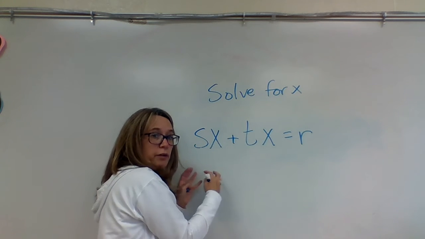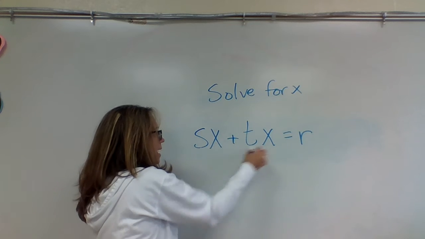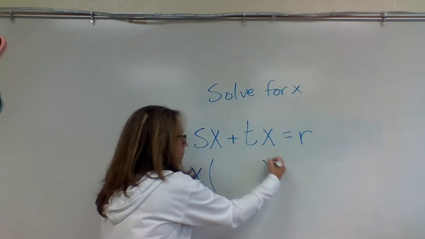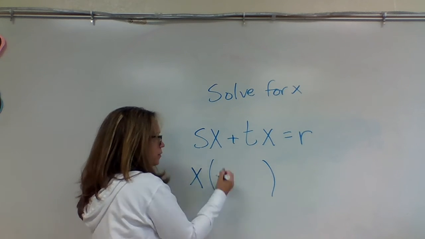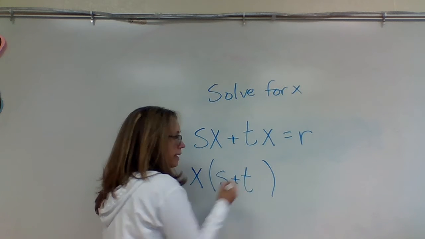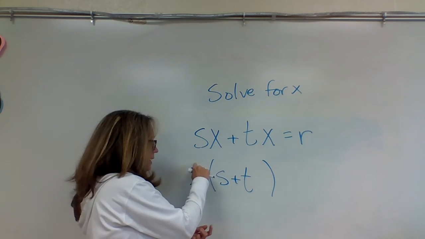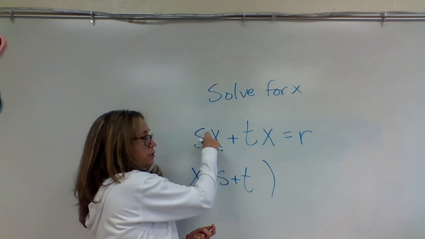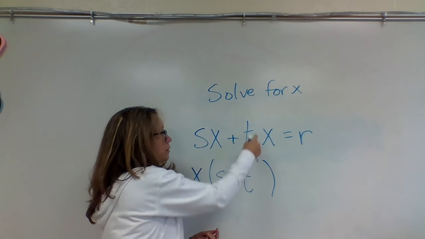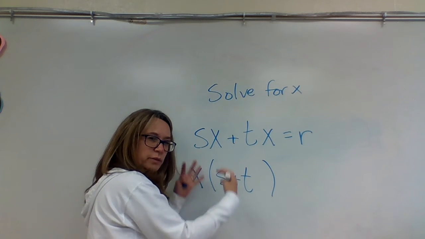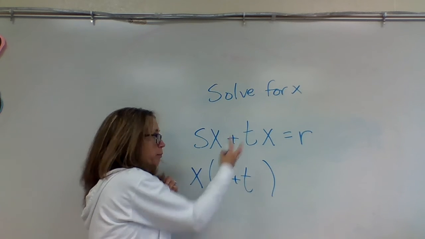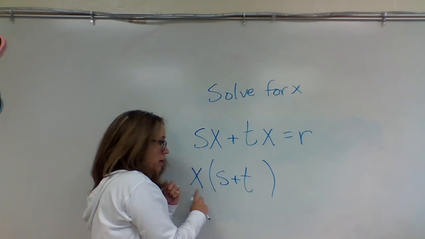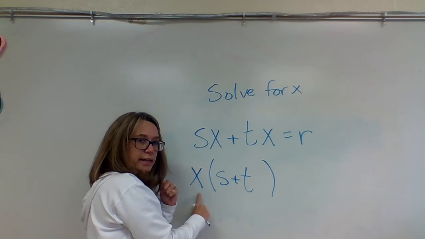So you can pull it out, you can factor it out. So x comes out, and I'm going to put s plus t on the inside. And look what happens. If you were to do the distributive property here, you'd have x times s, which is right here, x times t, which is right here. So you're kind of doing the distributive property backwards. You're pulling out what they have in common so you can get the x on the outside here.